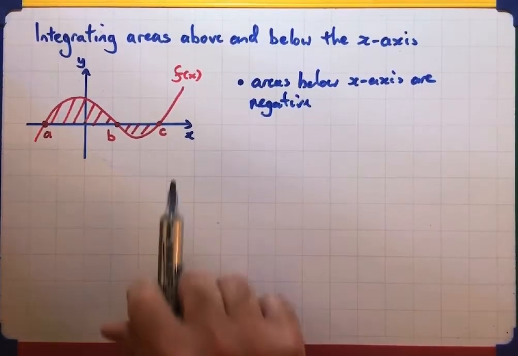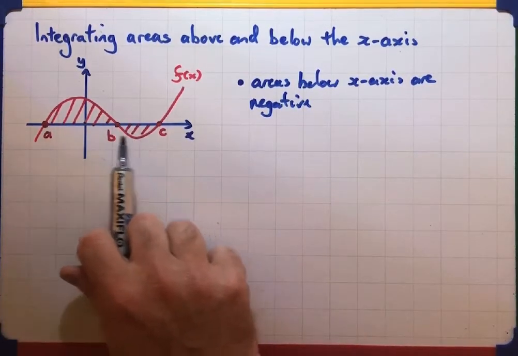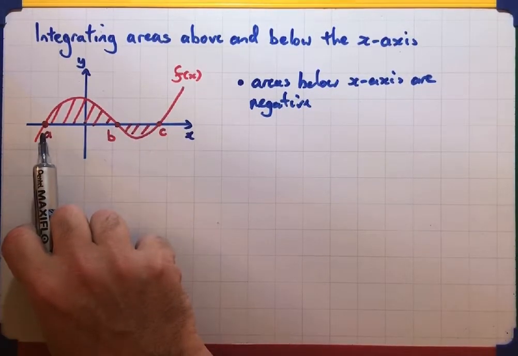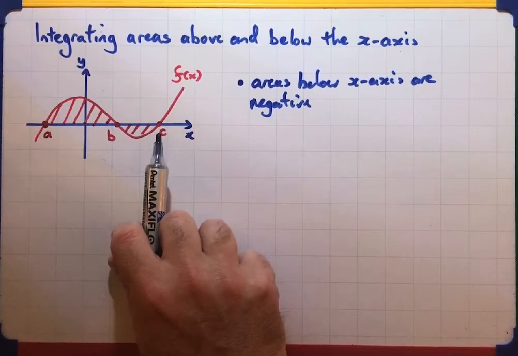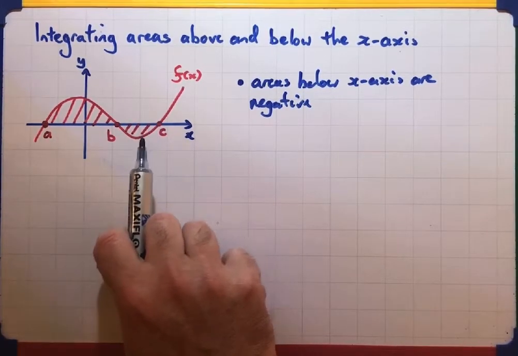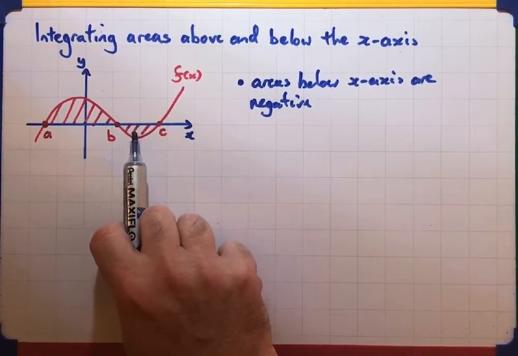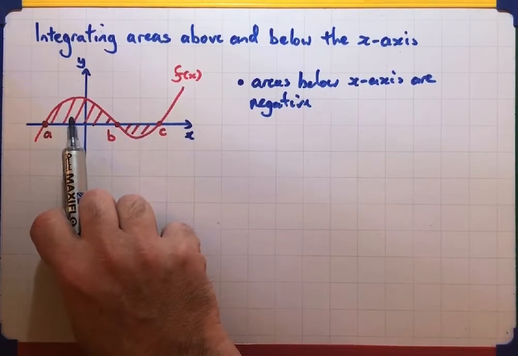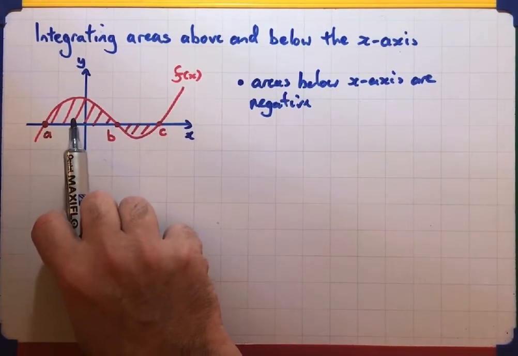So in order to work out this shaded area here, I can't just integrate it from A to C, because if I do that, it would give me the net area. It would take this area away from that area there, and that's rarely what I want.